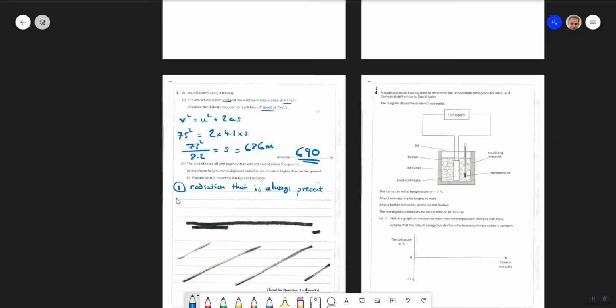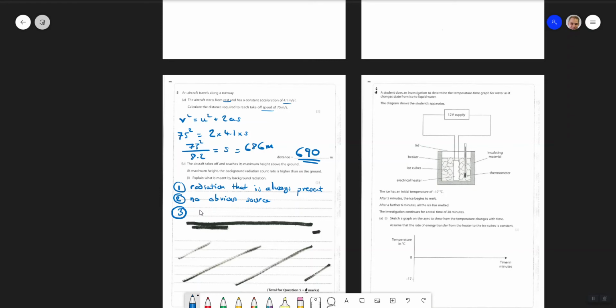You can get a second mark by saying that there is no obvious source, that they come from a multitude of sources. That's a bit of a weird one to say. I'd much prefer getting this. The third marking point is giving a named source, so saying where it might come from.